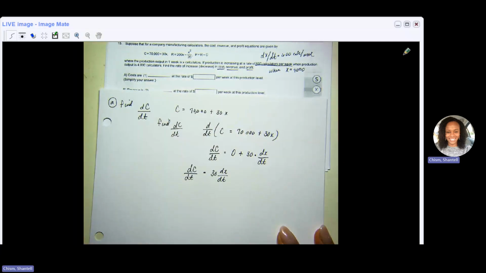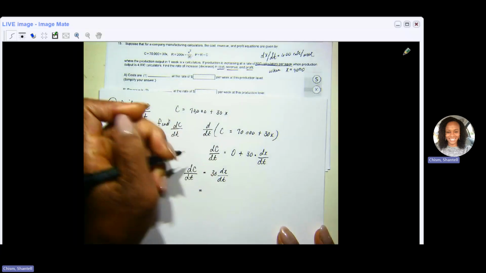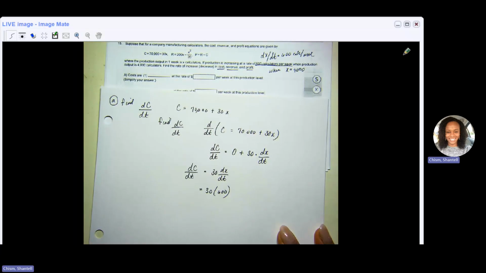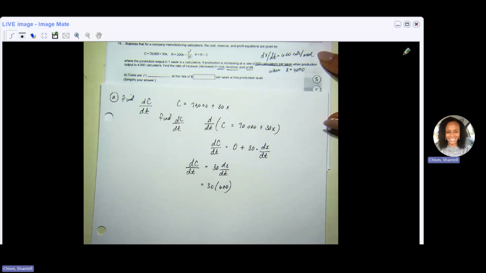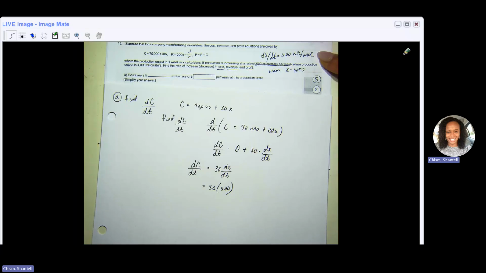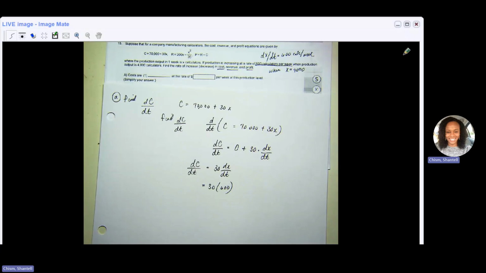Okay? So that would just be 30 times 600. Because remember, we're told that the derivative of x, the rate at which production is increasing, is 600. So 30 times 600, I know that's 18,000.